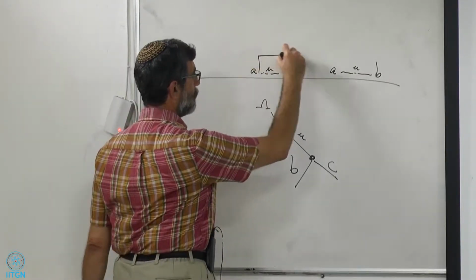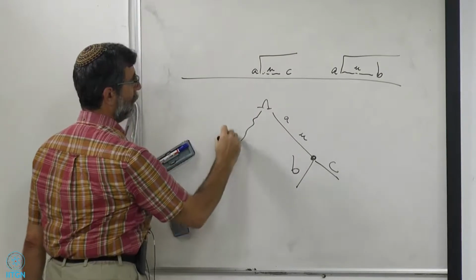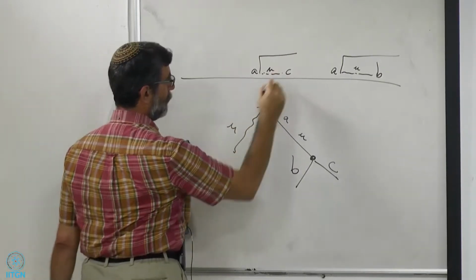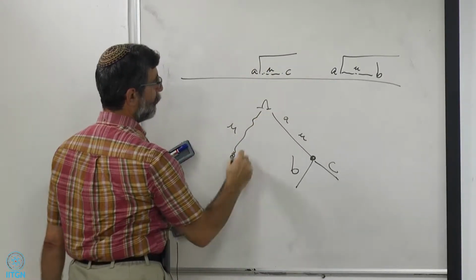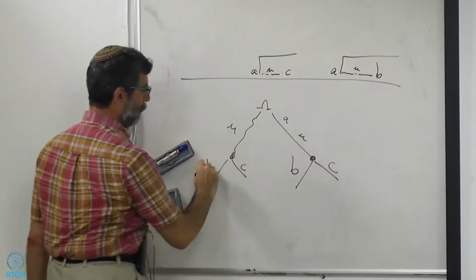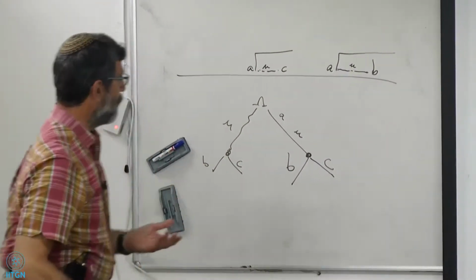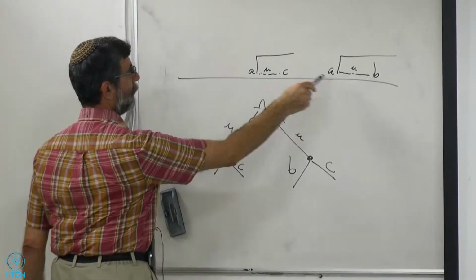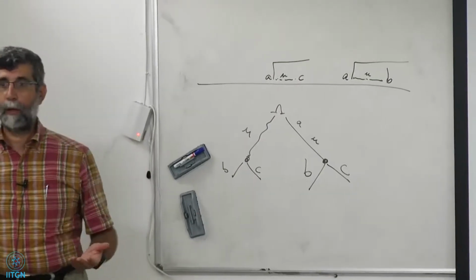Now, consider now this suffix and this suffix. So they're going to start here somewhere, and you have U. But that means that at some point, you have this suffix, and you have to go to a C. And at some point you have this suffix and you need to go to a B. So obviously, if you have an AUC and an AUB, then you have a UC and a UB somewhere.